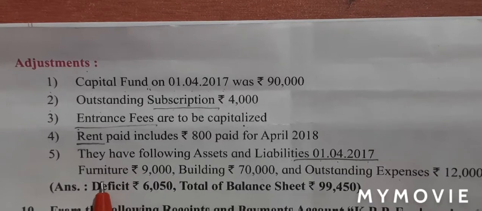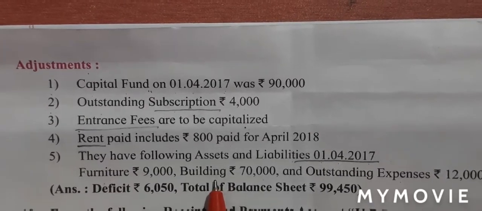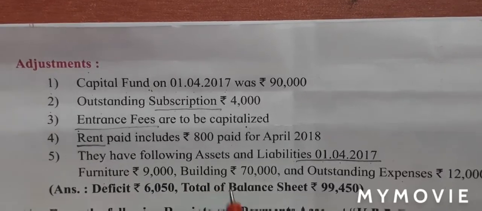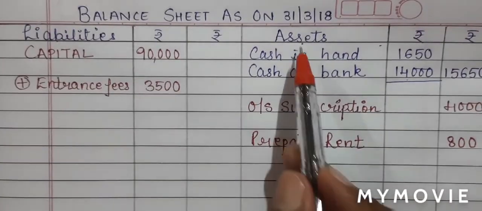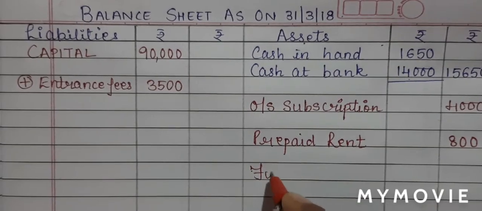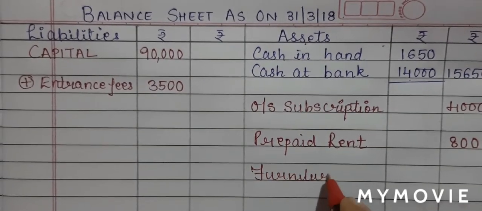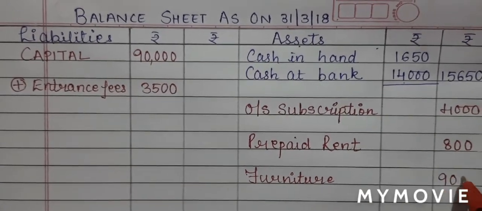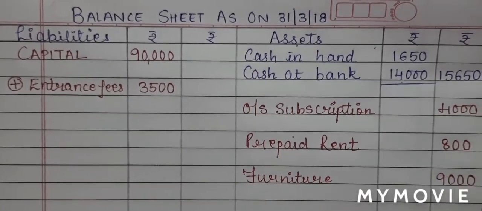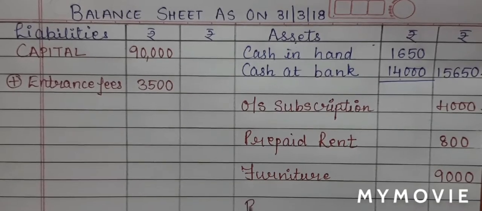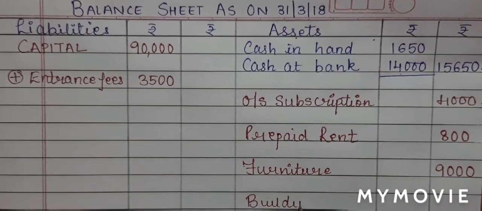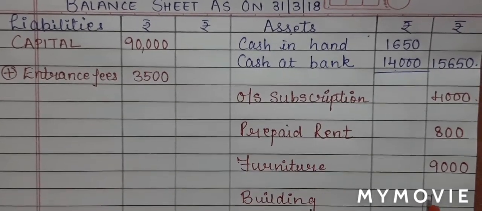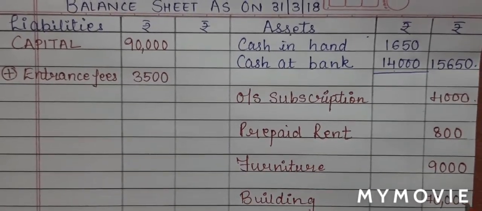Furniture is an asset, building is an asset. So first write furniture and building. On the asset side, I will write furniture. And since it's an opening balance, I write it only one time and the amount goes in the outer column 9,000. Building also will be on my asset side. Again, it will go in the outer column 70,000.